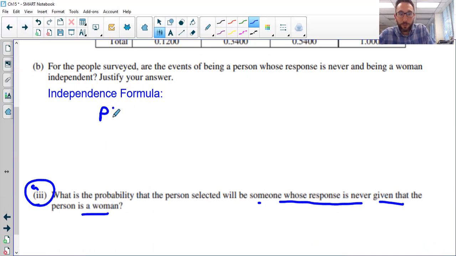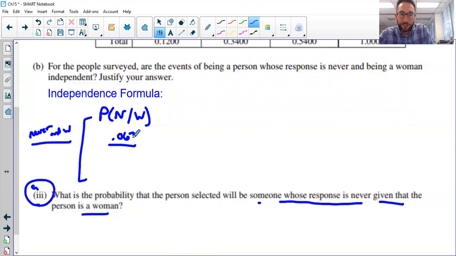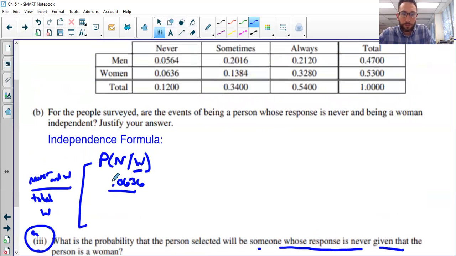For the probability of never given woman, just a little side note for conditional: the numerator is always both. So the numerator is never and woman, which is 0.0636. The denominator is the total for the given thing, even though this isn't really a fraction. If we view this as a denominator, it works. And so the total for women was 0.53.